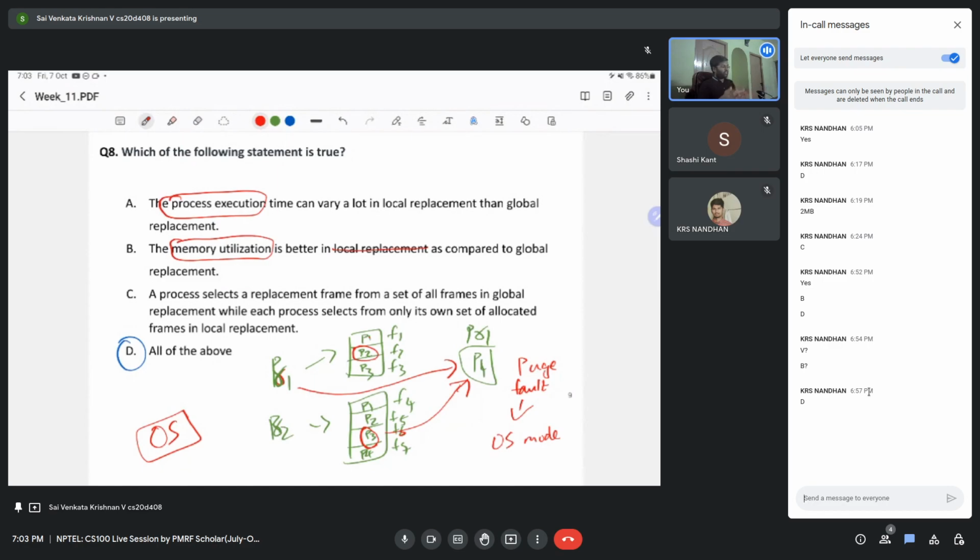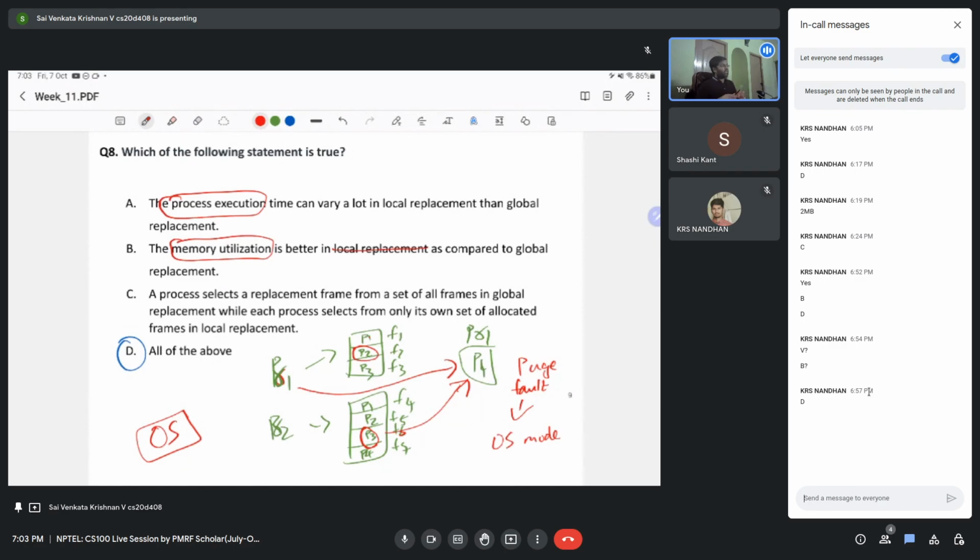Say in the first 10 minutes, one process will be actively using your memory. In the next 10 minutes, another process would be actively using the memory. So in a global replacement policy, since you are taking the whole set of frames into consideration and not localizing it, your whole memory utilization will be better, because in the first 10 minutes whichever process is utilizing memory more would be given preference.